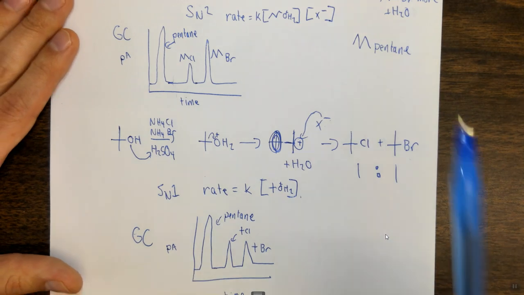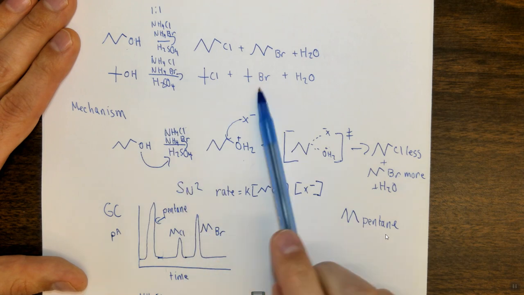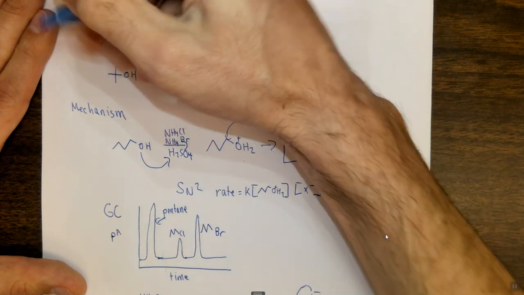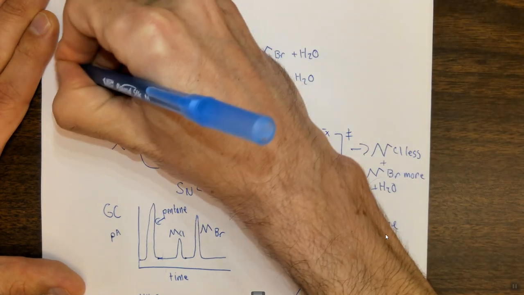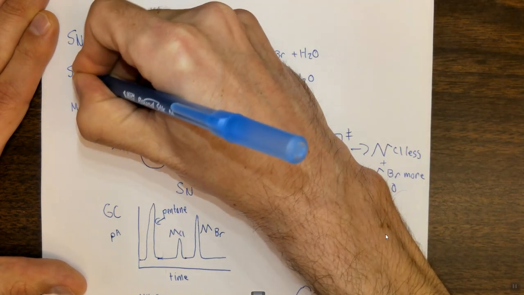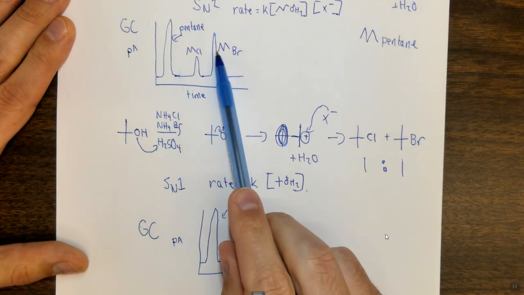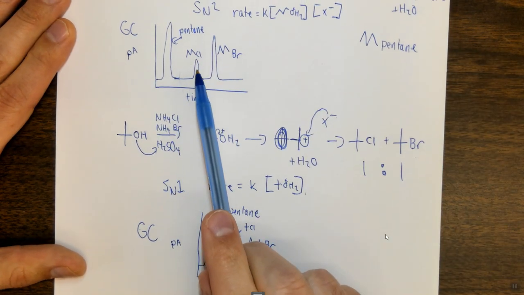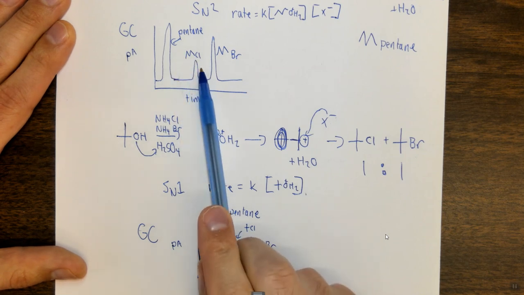The difference between these reactions, which if you recall look fundamentally the same at the beginning, is that this reaction occurs by an SN2 mechanism, and this reaction occurs by an SN1 mechanism. Therefore, when we look at the two GCs, for the SN2 reaction we expect to see less chloro product, because chlorine is a weaker nucleophile in aqueous acidic media.